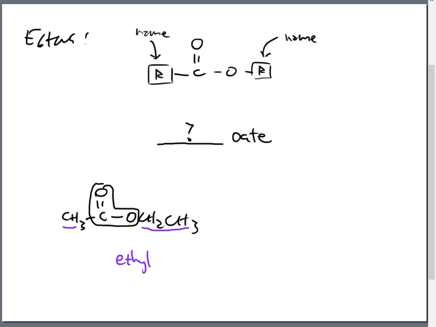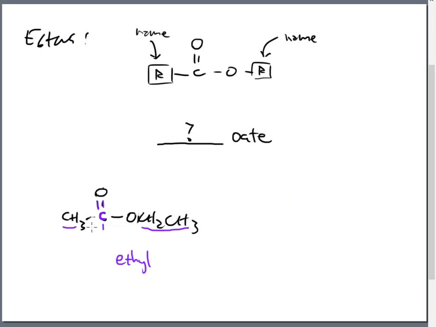All right, so now I'm going to erase this because this was our ester focus. I just wanted you to look at this for a second. We now know to name the piece that's on the oxygen first. And now we need to look at this carbon involved in the carbonyl. This is my number 1 carbon right there. That's where my functional group is. That's where the longest carbon chain starts.